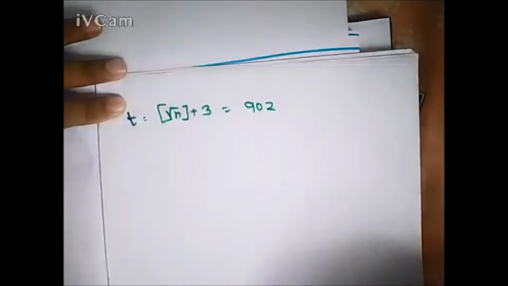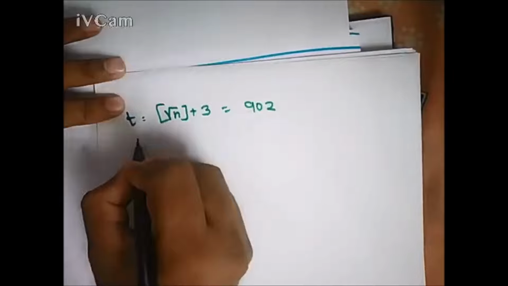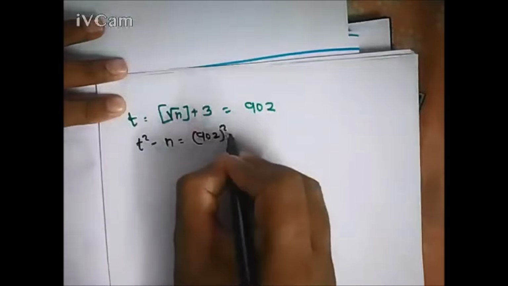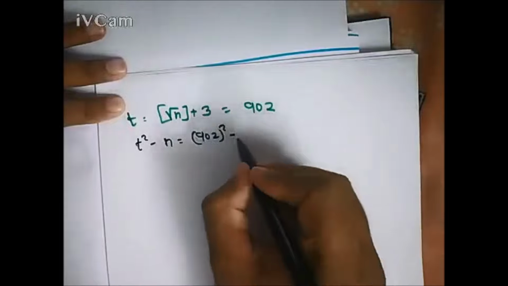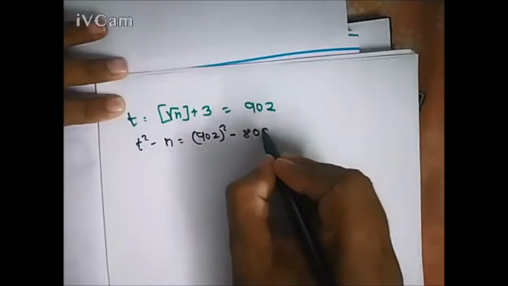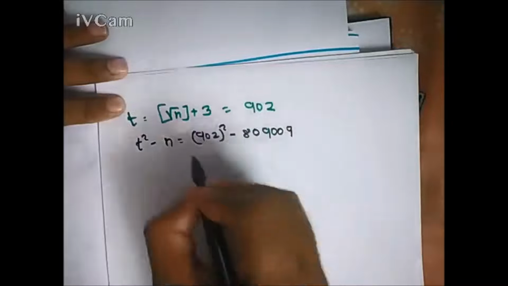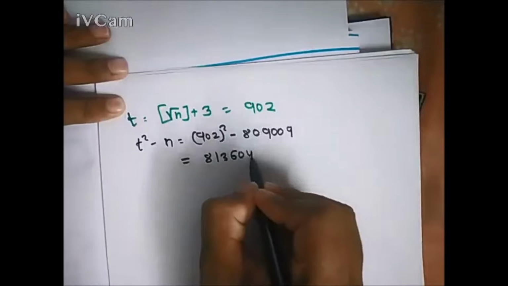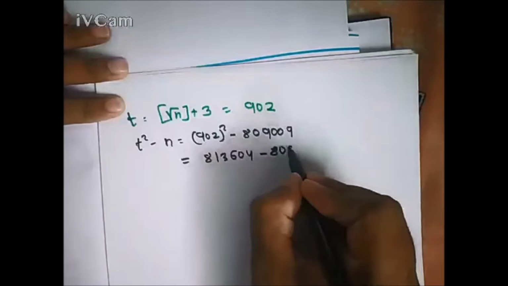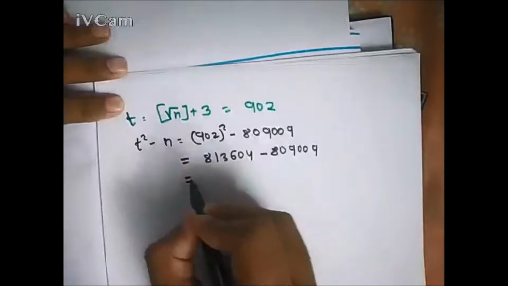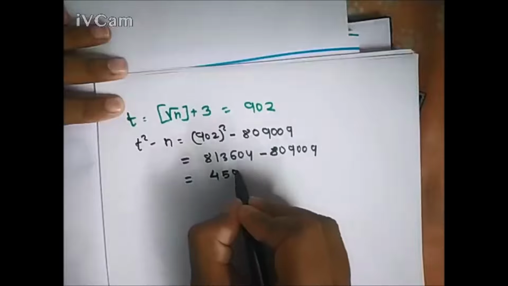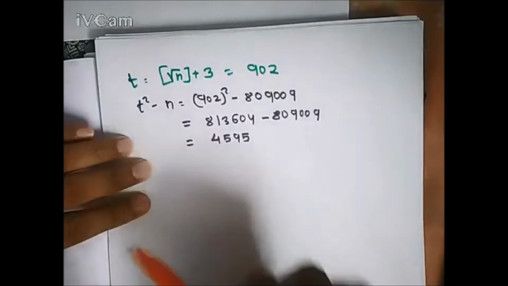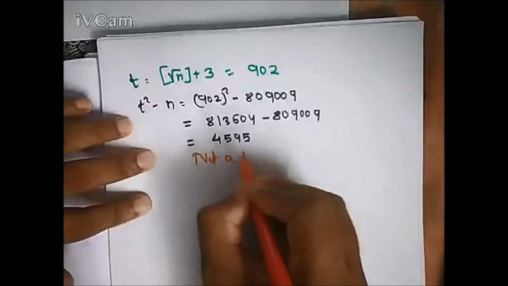Now compute t square minus n, that is 902 square minus 809,009. 902 square is 813604 minus 809009. This value is 4595. Again you check that this is again not a perfect square.